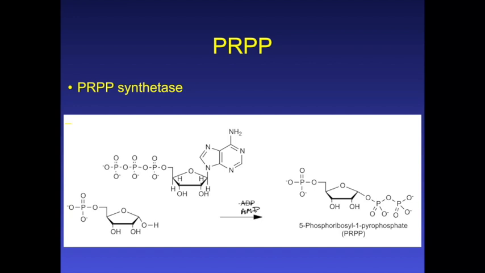And then phosphates come from ATP, and we're going to create ribosyl-1-pyrophosphate. And in this particular reaction, where are we going to attack the ATP? Will we attack at the alpha, at the beta, or the gamma phosphate? Well, say it with confidence.